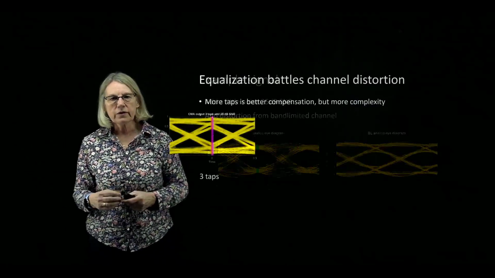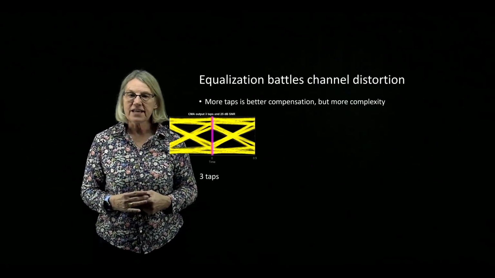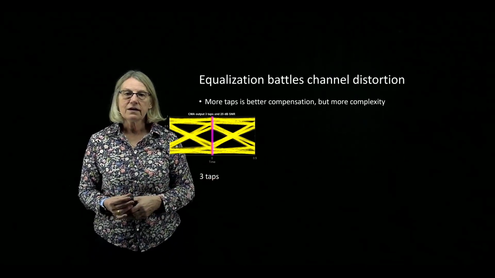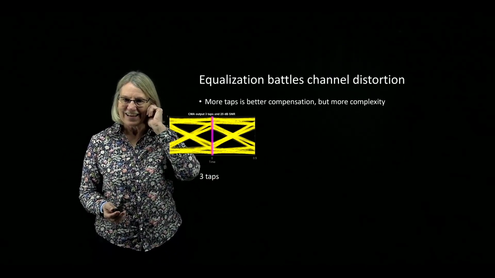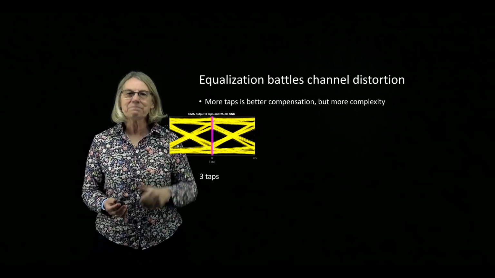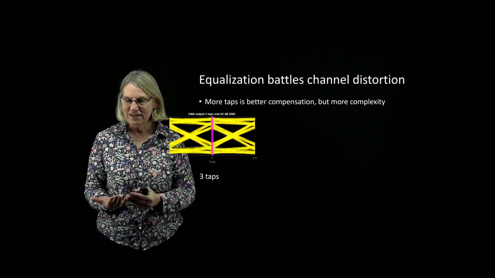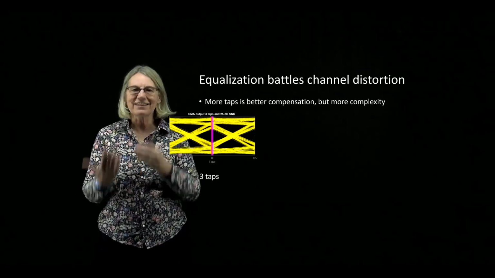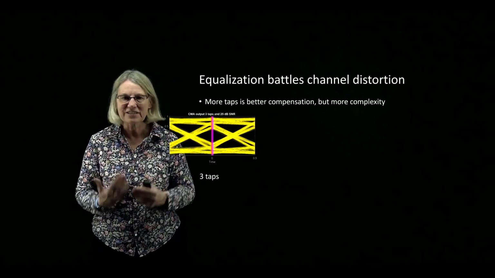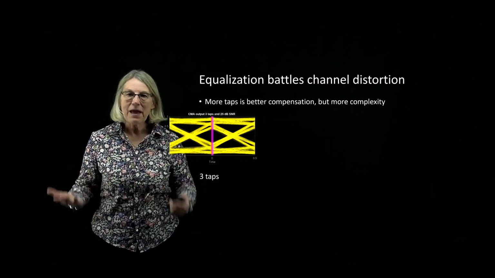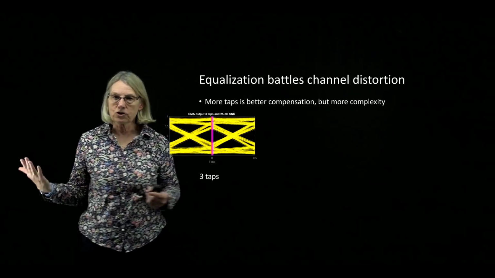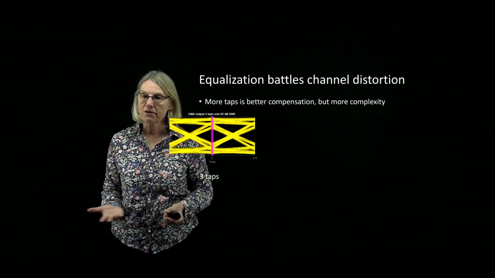But if I was going to sample them at, let's say, 3 taps, if I was going to equalize them, I could try to combat the distortion that was introduced. And the CMA algorithm is a linear filter, and the linear filter has a certain number of taps.